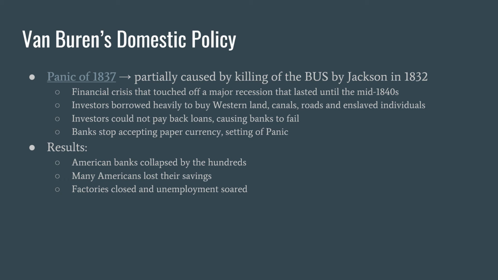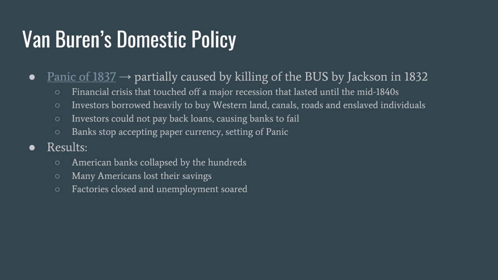And this panic is actually partially caused by the killing of the Bank of the United States by Jackson in 1832. The bank did heavily ground the United States economy, and taking that away has a pretty big impact on other financial institutions in the United States.